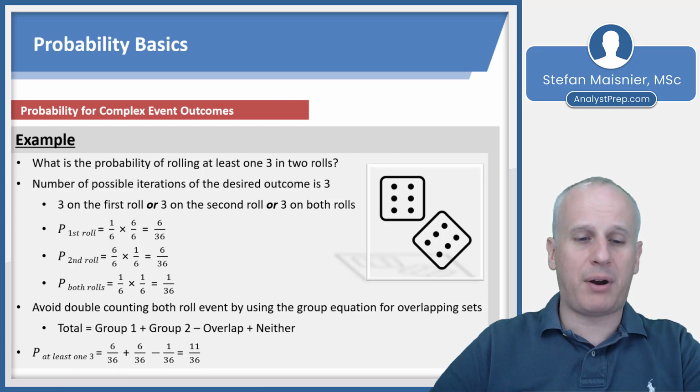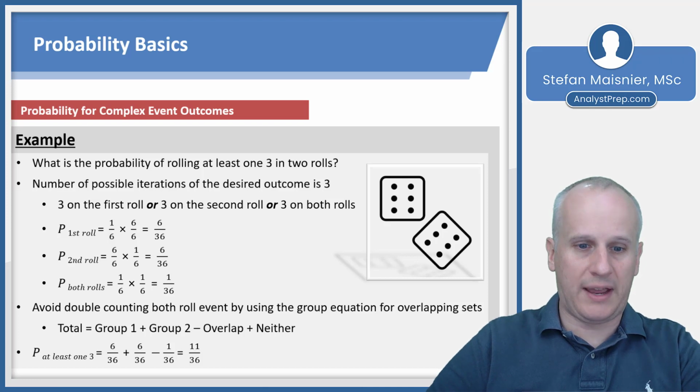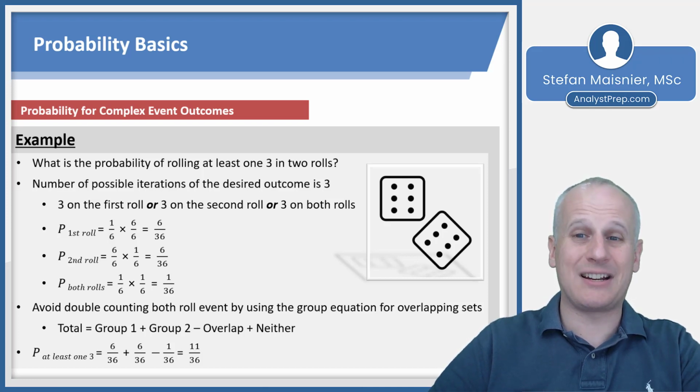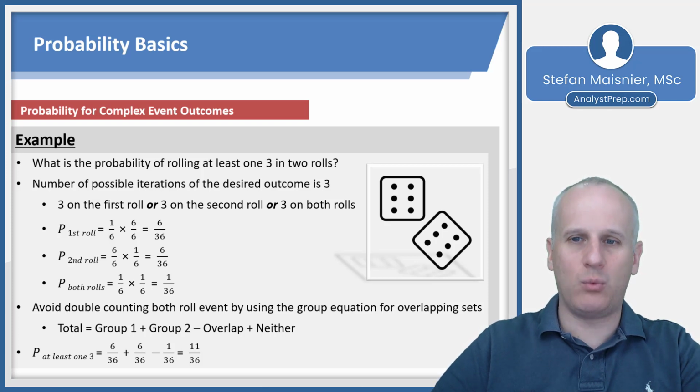So the probability of at least 1 three is going to be equal to the 6 out of 36 that was our first roll being a 3, plus the 6 out of 36 for the second roll being a 3, minus the 1 double count of a 3 on each of the two rolls, which gives us 11 out of 36 as the probability of rolling at least 1 three in the two rolls.